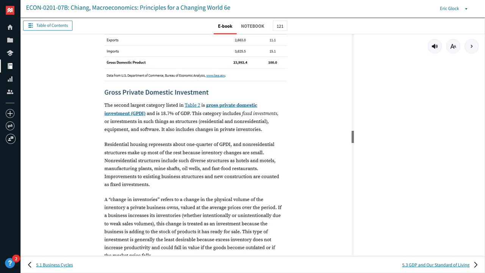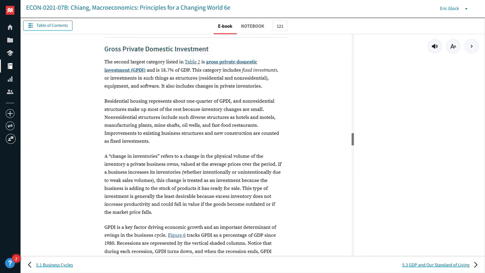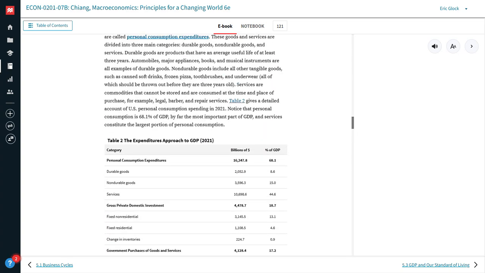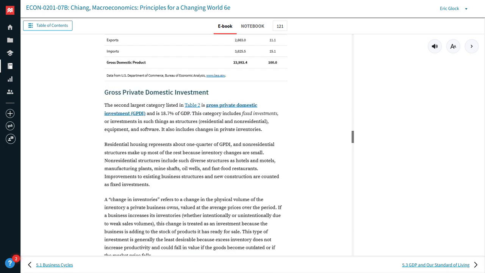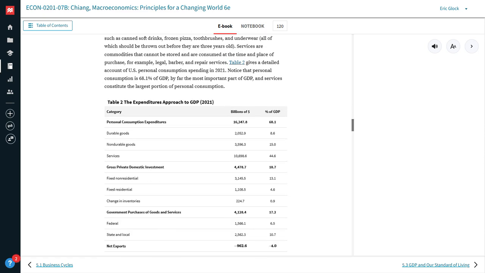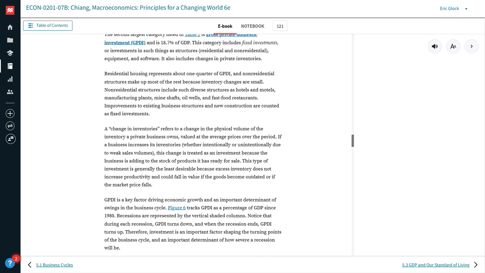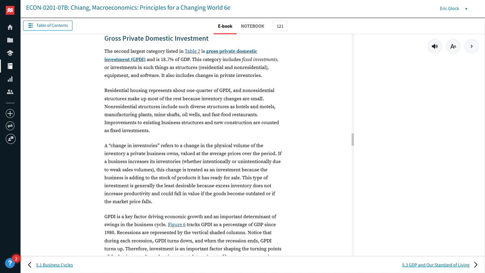So investment. I would just think of this as goods and machines. Goods are consumption. Investment is in the things that make consumption: machines and so forth, raw materials.